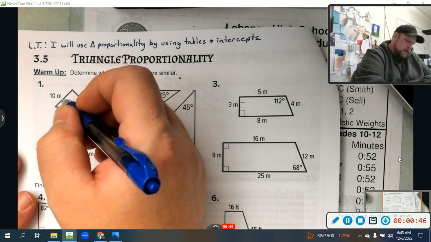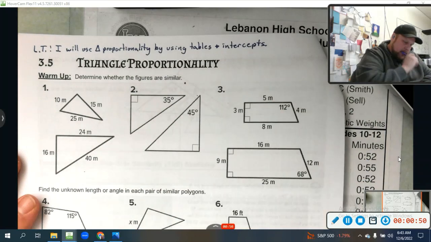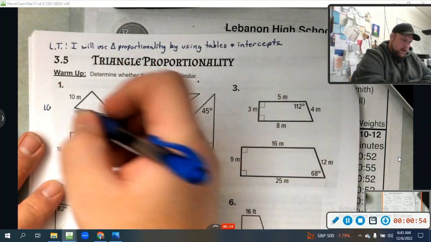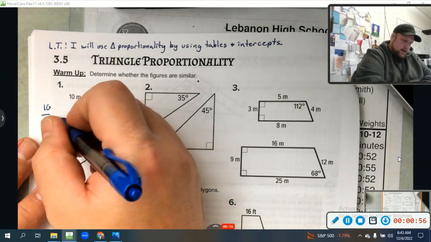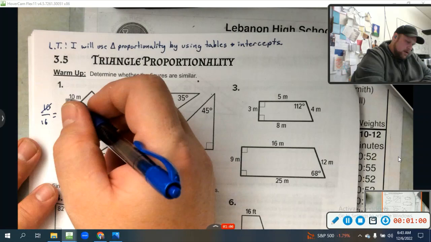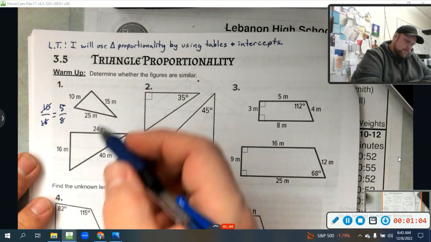All right, looking at these, I don't have any angles, so I'm going to go for side, side, side similarity. 10 matches 16. 10 over 16 simplifies, 2 goes in there 5 times, 2 goes in there 8 times, perfect.